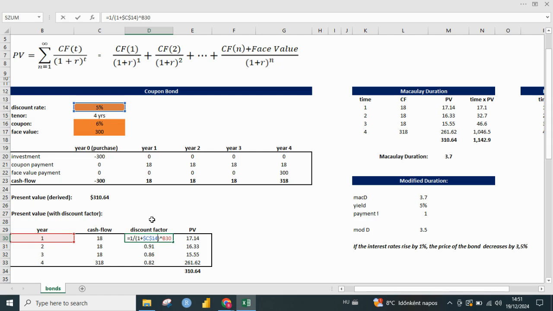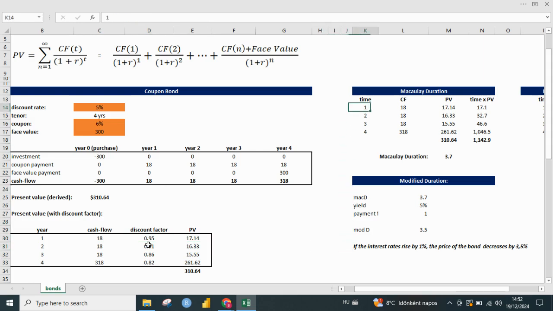In this case, you can see that the discount rate is a flat rate of 5%. We also raise it to the number of the year, and actually it's all divided by 1. So this is what we have done in the previous sections. This is how we get the actual discount factors for a certain year, and then we multiply them with the cash flow and we get the present value.